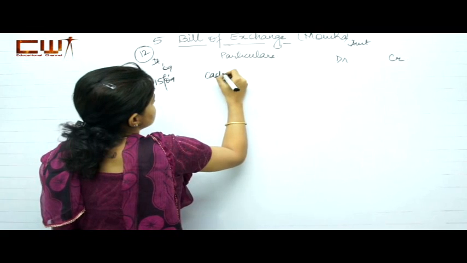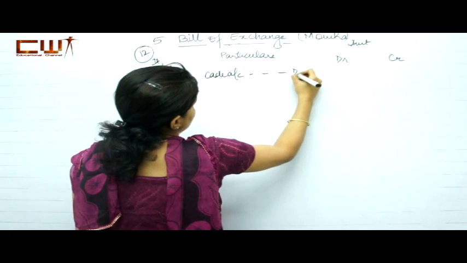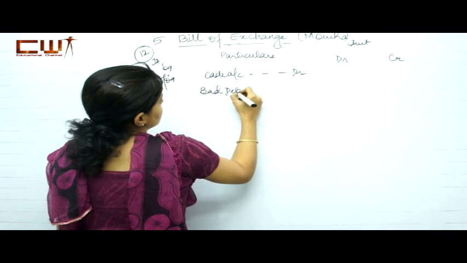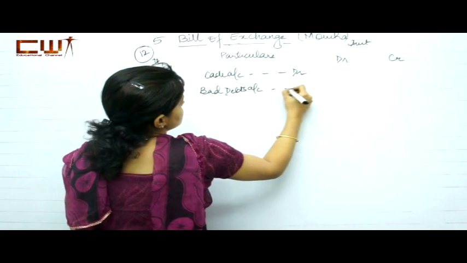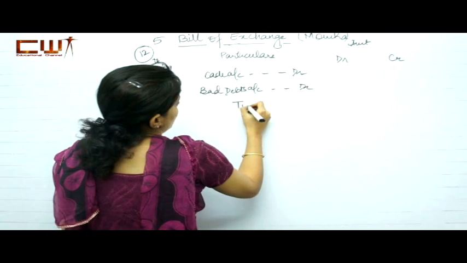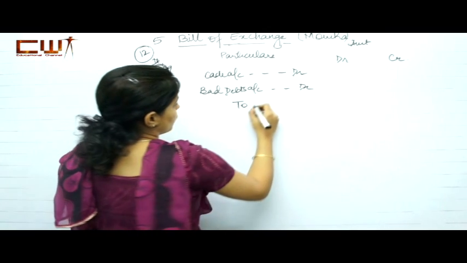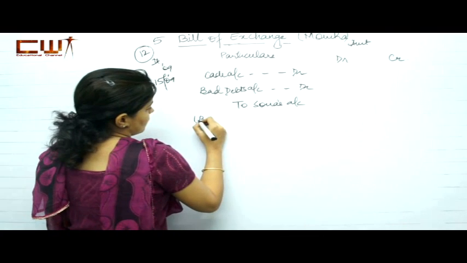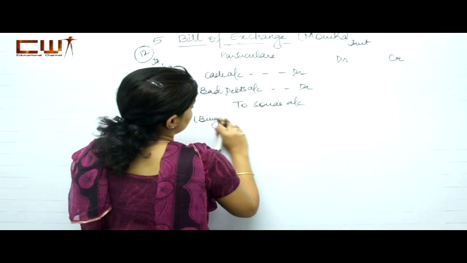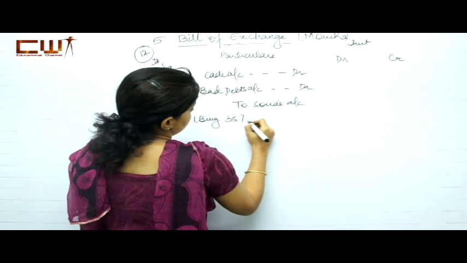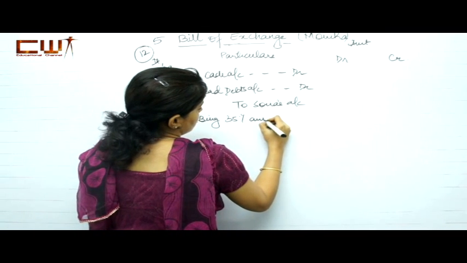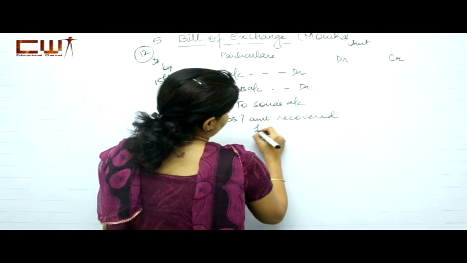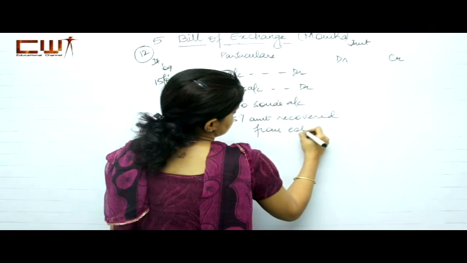Cash you are receiving, cash account debited. Some amount has gone waste. 35% you are just receiving. Through what you are receiving? You are receiving from Sona's account. Being 35% amount recovered from estate.